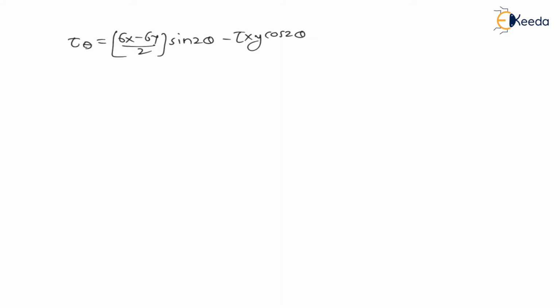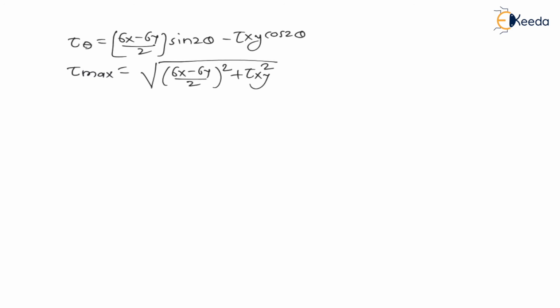If I maximize this tau theta formula as per mathematics, or if we draw Mohr's circle, later we are going to draw Mohr's circle and there we will derive this formula, I will get maximum shear stress as square root of ((sigma x minus sigma y)/2) whole square plus tau xy square. This formula we will get.